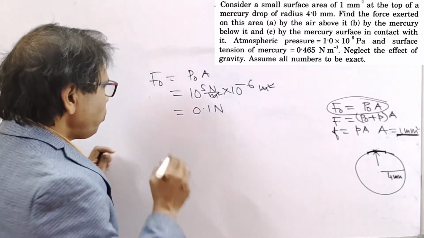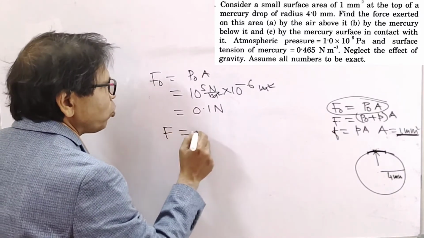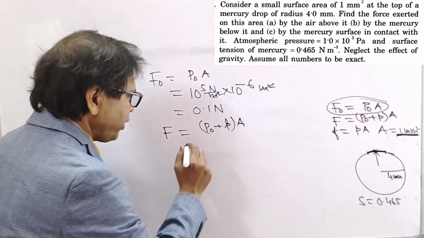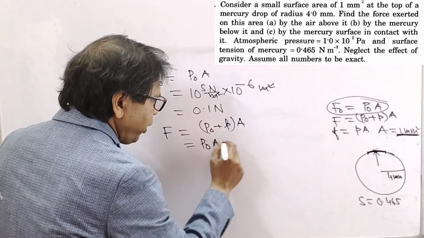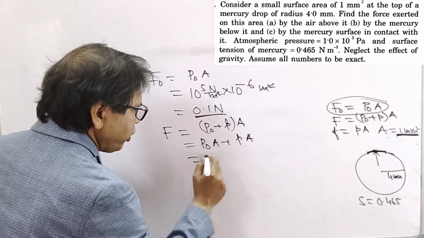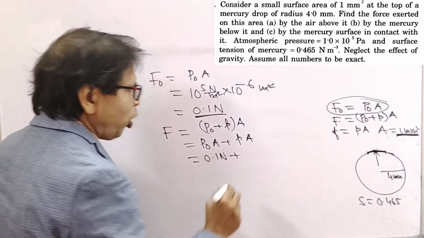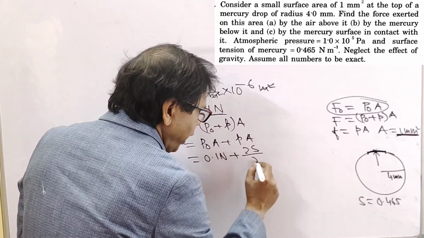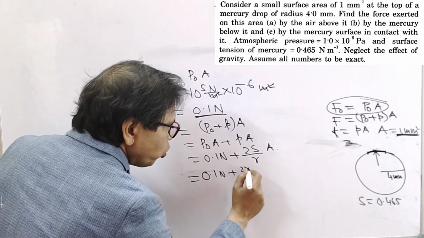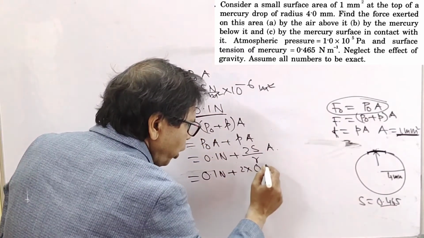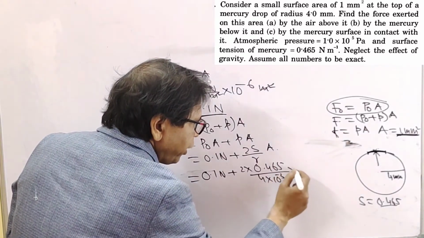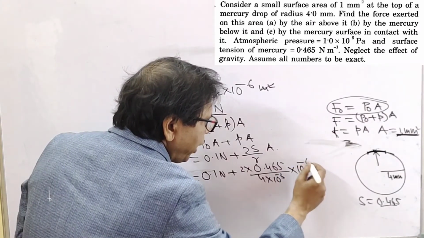Okay, now the force exerted by the mercury F equals P naught plus small p into A. So this equals P naught into A plus small p into A. P naught into A is 0.1 Newton, plus small p, which is 2S by R into A. Now this is 0.1 Newton plus 2 into surface tension 0.465 divided by R, 4 into 10 to the power minus 3, into area, 10 to the power minus 6.